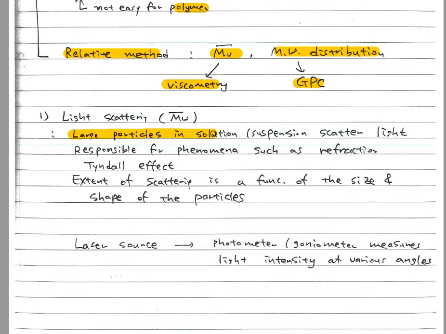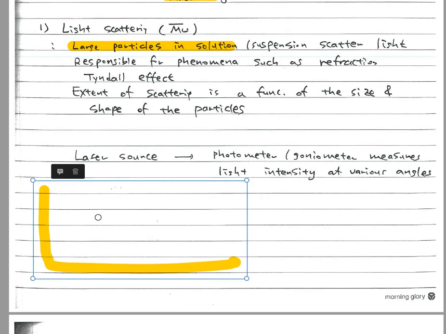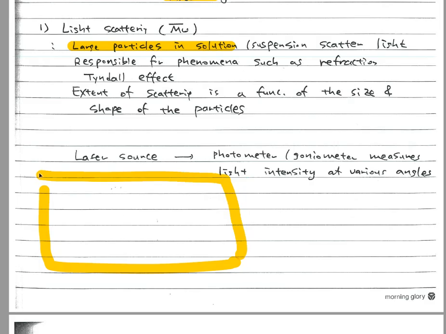Large particles in solution, basically suspension, scatter light. It means that if you have, for example, some kind of polymer, it's not easy to draw a picture in a PDF file. So there's some solution, and there are polymer particles, something like this.